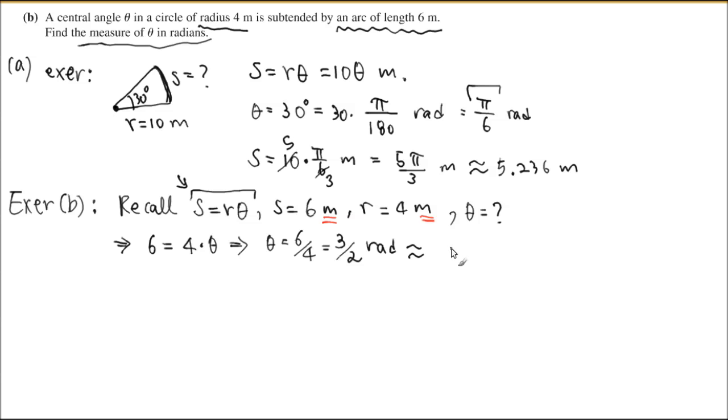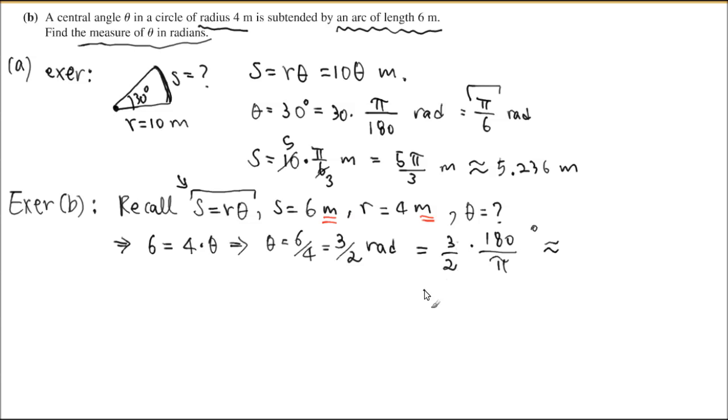So how do you convert radians into degrees? Multiply by 180 divided by pi, and it becomes degrees. This is not a wiggly symbol; this is exactly equal. This is exactly 3 over 2.